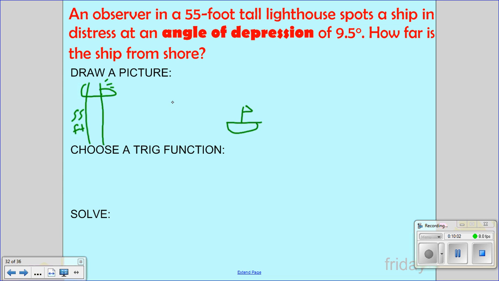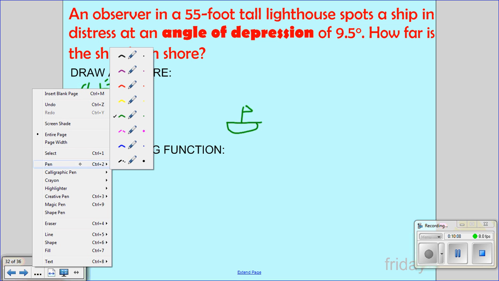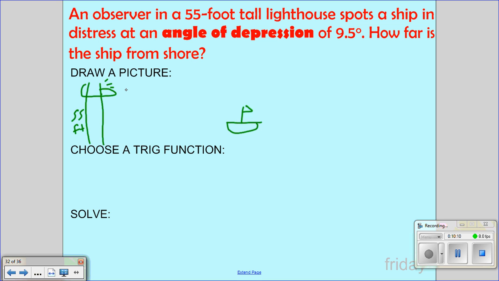So the angle of depression. Again, the angle of depression is formed by the horizon. So I need a horizon. And when you look down, so the man is looking down from the lighthouse to the ship.